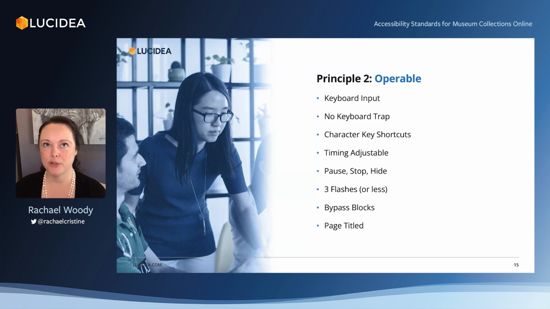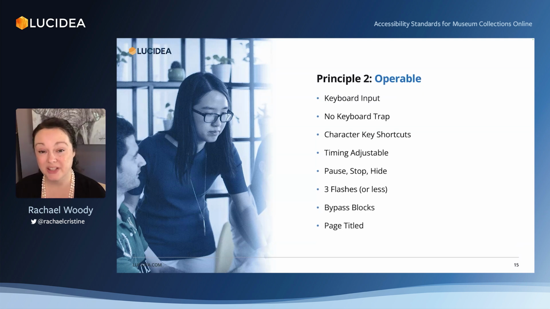Next up is pause, stop, or hide. For any sort of moving visual assets as part of the museum collection's content being presented, especially if there's an autoplay feature, we need to make sure there's some mechanism that can be operated to stop or pause that particular asset. We specifically want to be mindful of those that experience seizures or any sort of physical reaction that can be provoked by, in our case, usually digital assets being played or presented, especially the time-based, moving visuals.